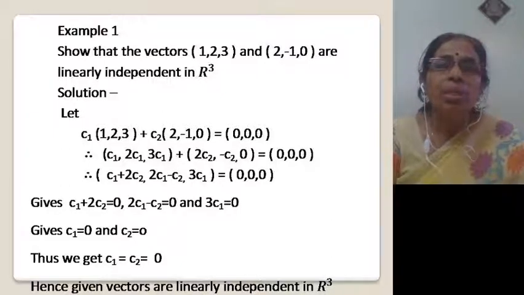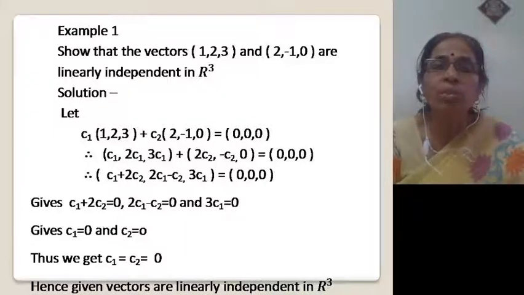Therefore, by scalar multiplication of vectors, we get (C1, 2C1, 3C1) plus (2C2, -C2, 0) equal to the 0 vector, that is (0, 0, 0). Therefore, by vector addition, we get (C1 plus 2C2, 2C1 minus C2, 3C1) equal to (0, 0, 0).